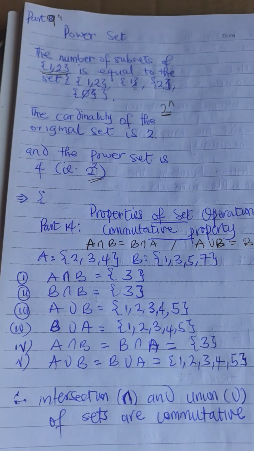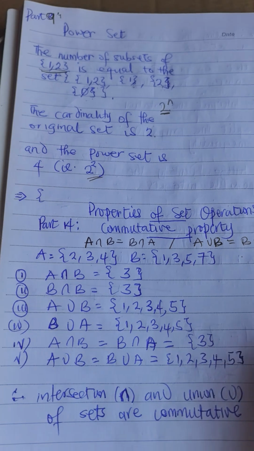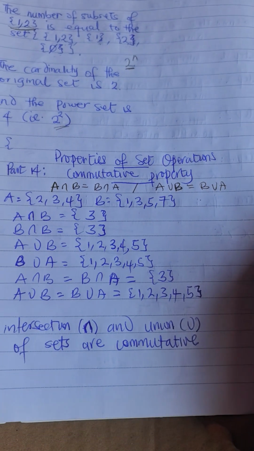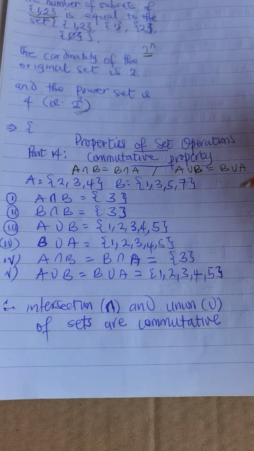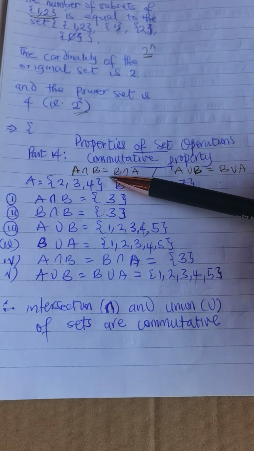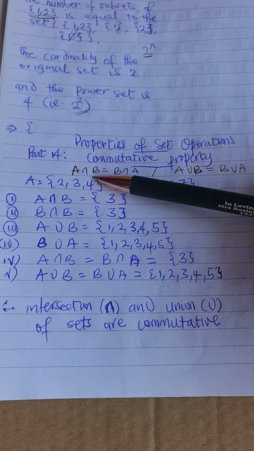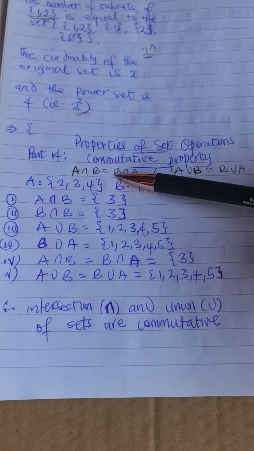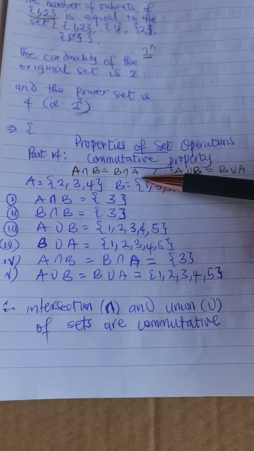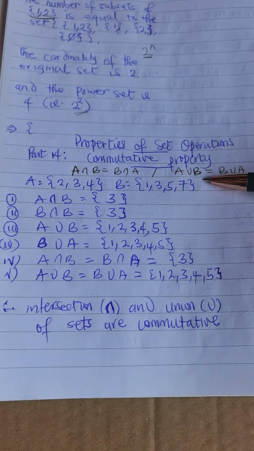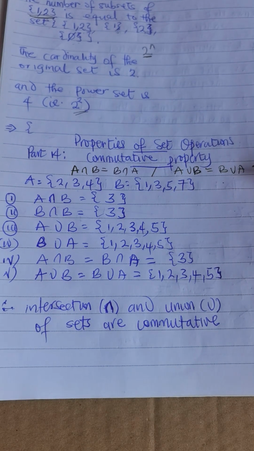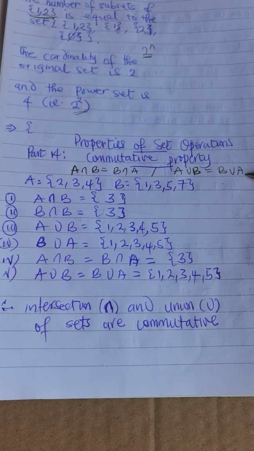So you can see here, that's part 14, where we see this. This is the property, or the formula I should call it: A intersection B is equal to B intersection A, or A union B is equal to B union A. What does this mean?